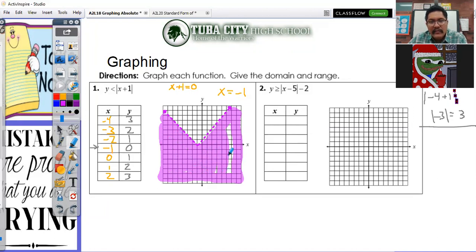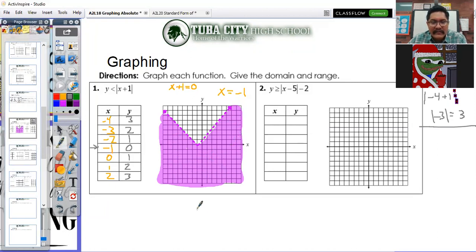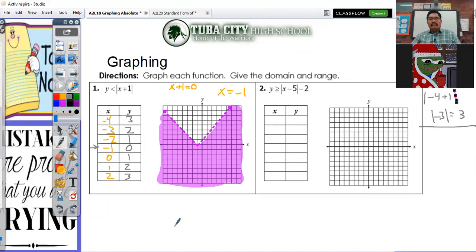So anywhere below this line is going to be a true solution. If I plug in any of the points for X and Y for any area down here, it's going to be true. And that's it for that one. Let's go ahead and move on to the next one.